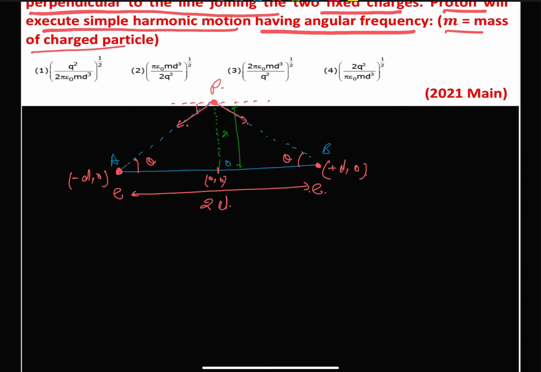So we can divide our force F into two components. This will be F cos theta, and on the other side also F cos theta, and toward the origin, which will be acting as a restoring force, we get F sin theta, and the other will also be F sin theta.